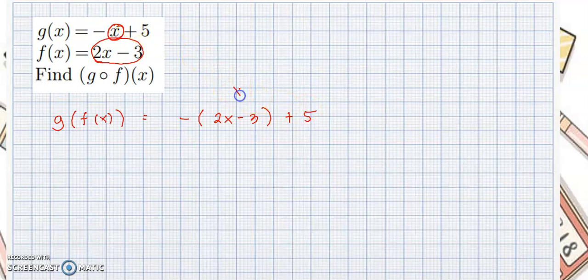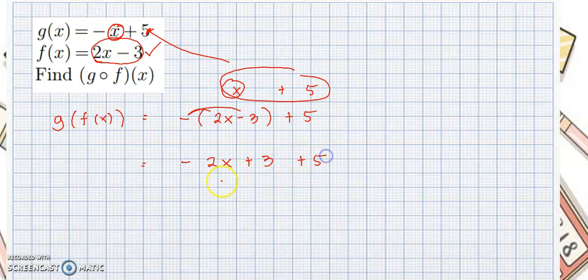As you can see, this is x plus 5, your g of x. We just changed x into 2x minus 3 because that is the value of your f of x. Then we will simplify by distributing the negative sign here. So this would be -2x plus 3 plus 5. Then simplify, this would be -2x plus 8.